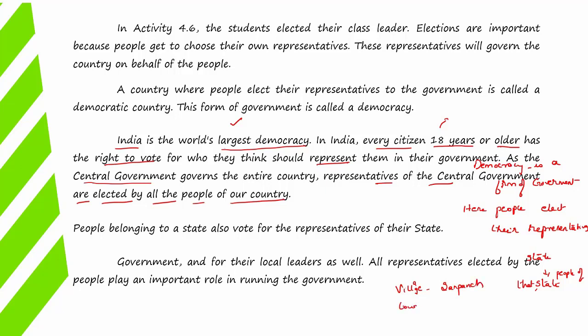Town people will elect the municipal chairperson. City people will elect the mayor. Okay, children. In the levels of government, at the local government, one mistake is given. The representative of the municipality is the municipal chairperson, but a mistake is given. You should correct it.